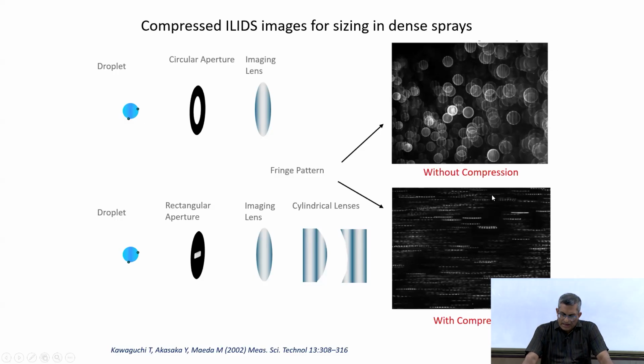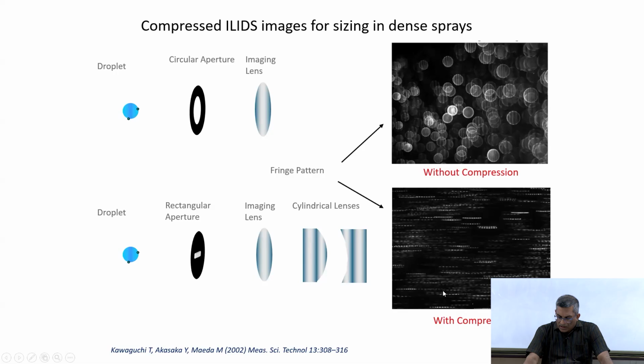So mostly the ILIDS technique is restricted to dilute to moderately dense sprays. It should not be too dense with this approach. However, if you actually have a dilute spray, then this technique can still be used, if this overlapping can be avoided, or you can take care of the overlapping somehow in your image processing.